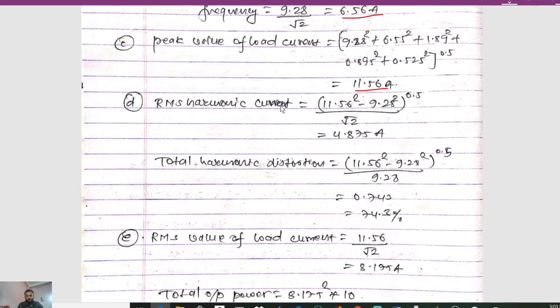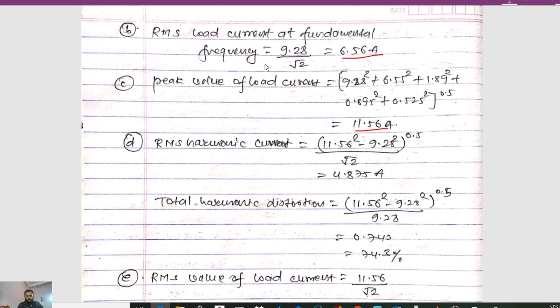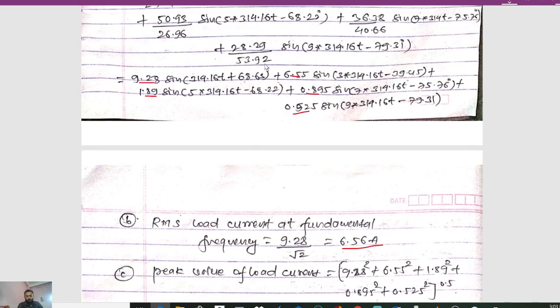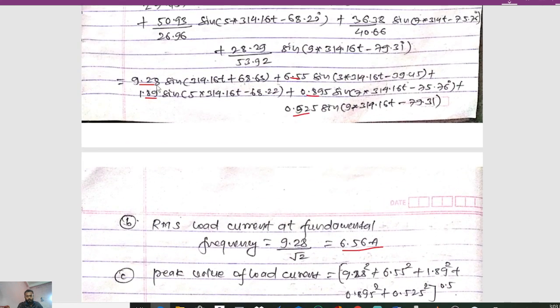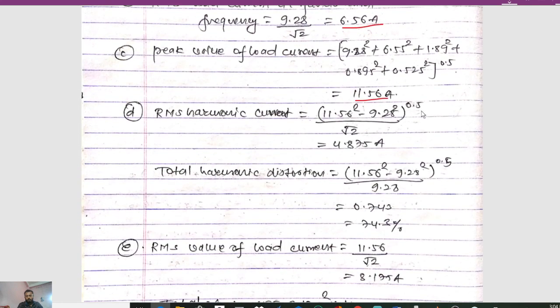Now the RMS harmonic current. To calculate the RMS harmonic current, we can write here 11.56 square minus the load current at n equals 1, and here the load current at n equals 1 is 9.28 given. So 9.28 square to the power 0.5, and for RMS we have to divide it by root 2. So we'll get here 4.875 amperes.